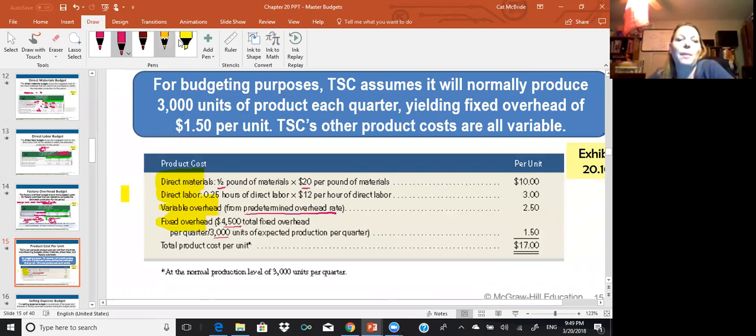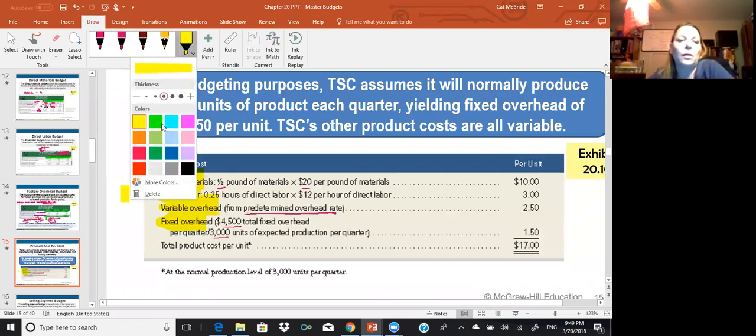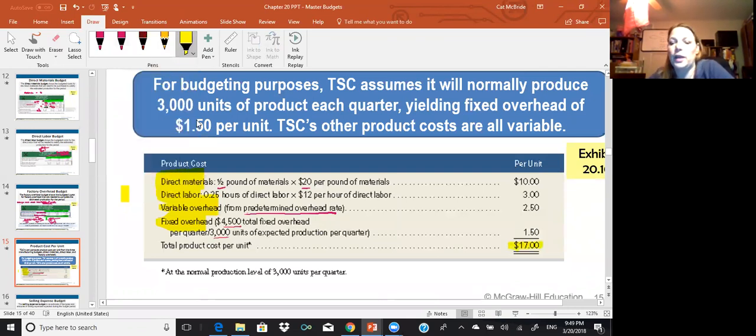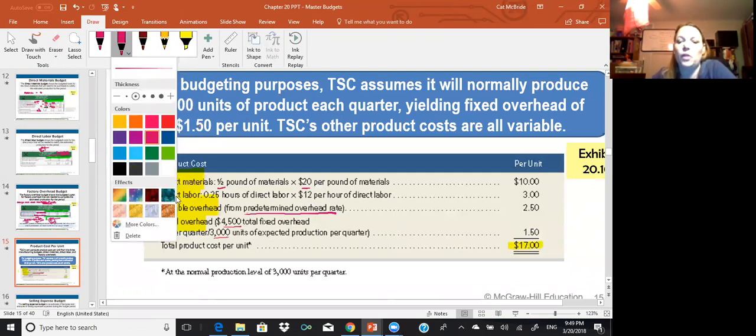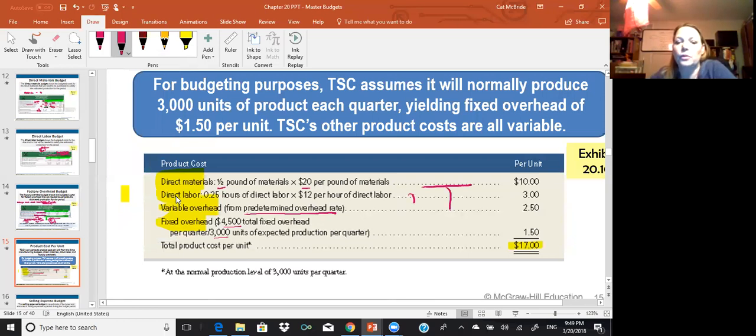So we calculated our fixed overhead at $1.50 per unit. What we've come up with is the total for our units. Our total production cost per unit is $17, based on direct materials, direct labor, and manufacturing overhead, but we split manufacturing overhead into fixed and variable.